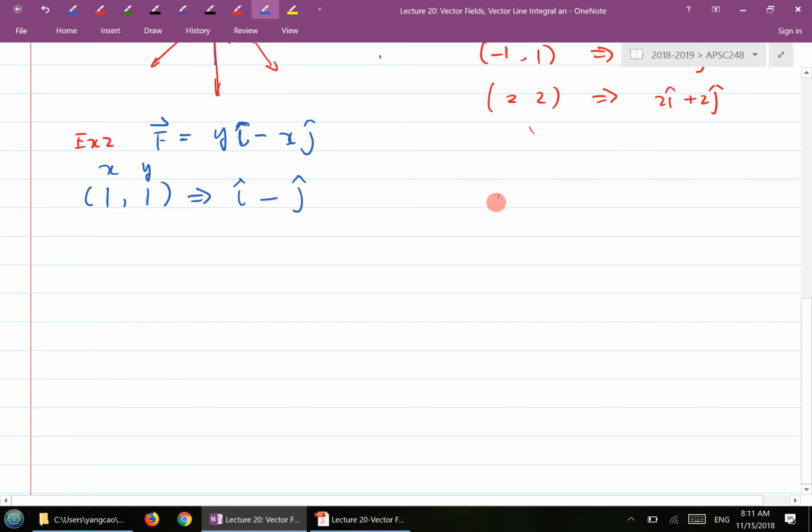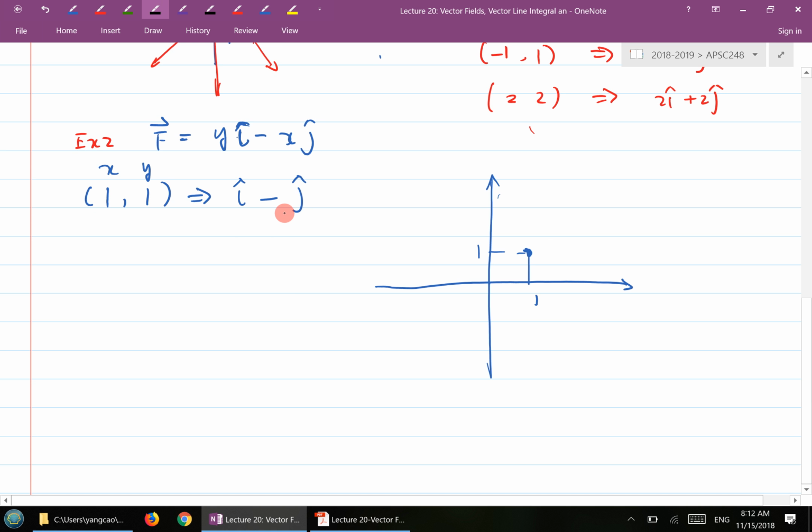Okay, so let's plot this vector here. At 1, 1, this is 1, 1 here. We're going to plot a vector at this location. Plot which vector? This i hat minus j hat.